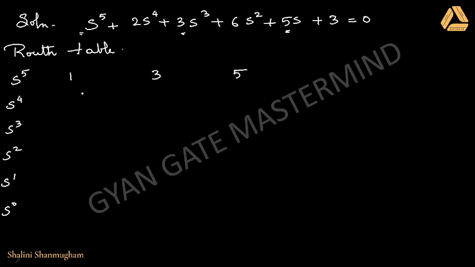Coming to the second row, the coefficients are 2, 6, 3. For the third row, the answer is (3 into 2 minus 6 into 1) divided by 2. So 3 into 2 is 6, 6 minus 6 divided by 2 becomes 0.